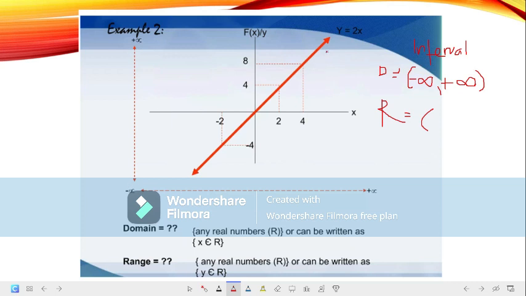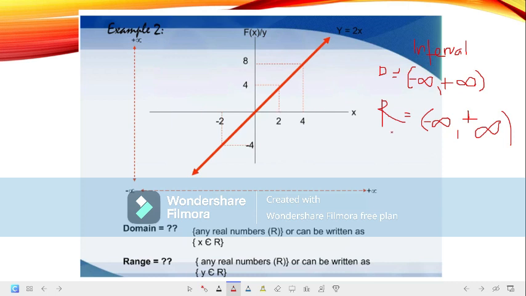Since the graph goes on in both directions infinitely, therefore our range would be negative infinity to positive infinity. Okay, this is how we're going to present the domain and the range using interval.